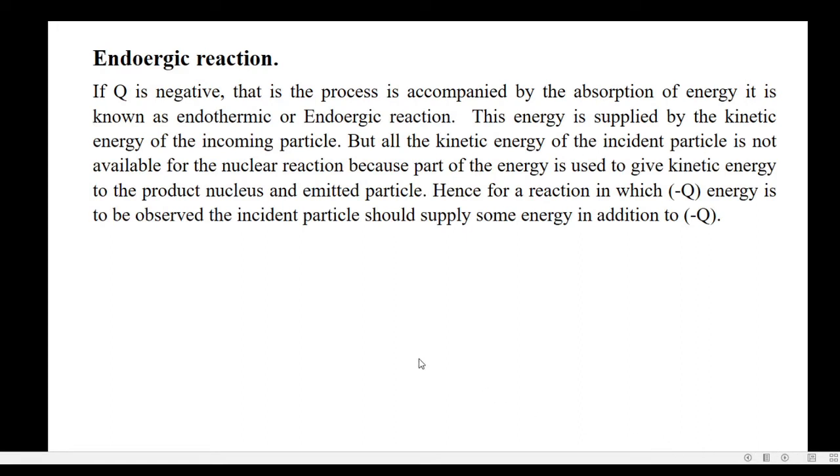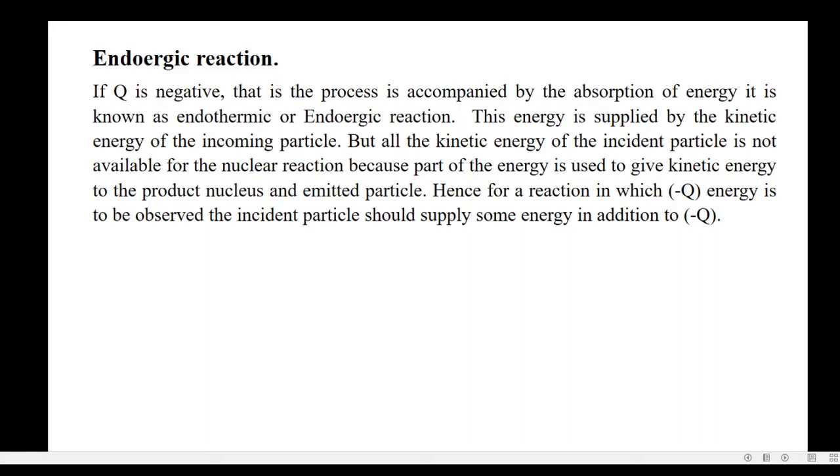Next, we will move on to endoergic nuclear reaction. If Q is negative, which means that kinetic energy of product nuclei is less than the kinetic energy of reactant. So in this process, the absorption of energy takes place and is known as endothermic or endoergic nuclear reaction.